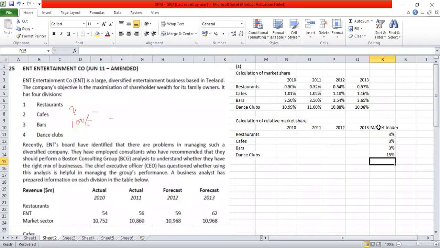Basically, what do we do? On looking at the figures only, we can tell. They are supposed to capture 3% market share, whereas they were able to capture only 0.5%. The next, cafes, it is 1.01. Bars, it is 3.50. By looking at that itself, we can talk about it, but it's always better that we do the calculation. If 3% is 100%, or 3% is 1 in terms of decimal, what is 0.5%?